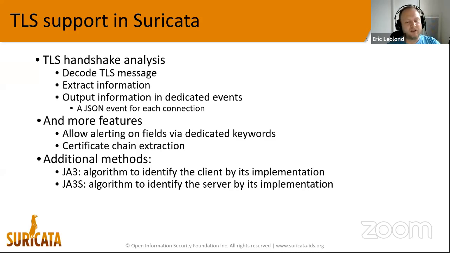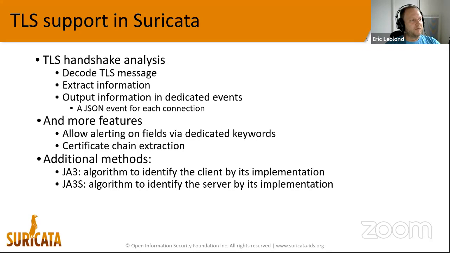So for every TLS connection, you can generate a JSON event with all the information that Suricata was able to extract from the connection. Basic information are the subject of the certificate, the server name indication, the subject of the issuer DN, the fingerprint, that is quite useful to identify a bad certificate in the wild.